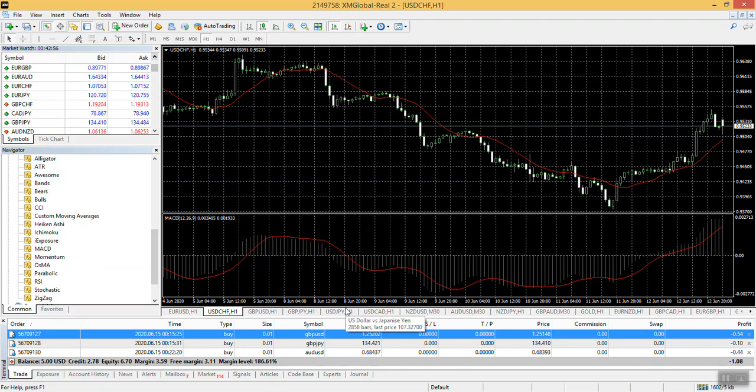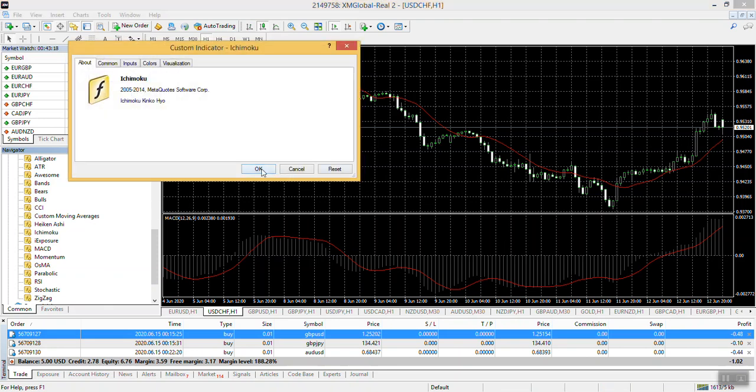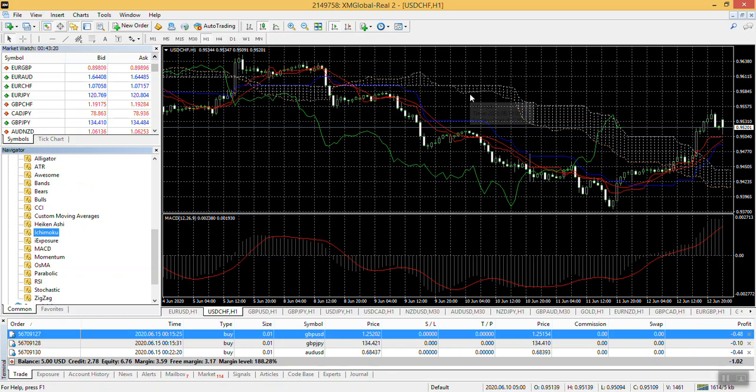This indicator is what we are going to be using in analyzing our market. We have plenty of other indicators. We have the Heikin Ashi, we have the Ichimoku, and many others. With the Ichimoku, by the time you bring it in here, you'll see plenty of things like a net.